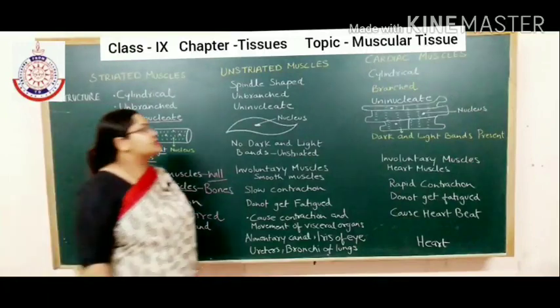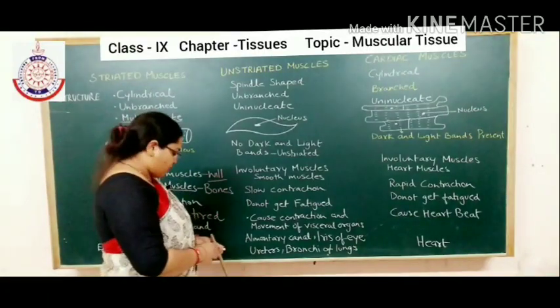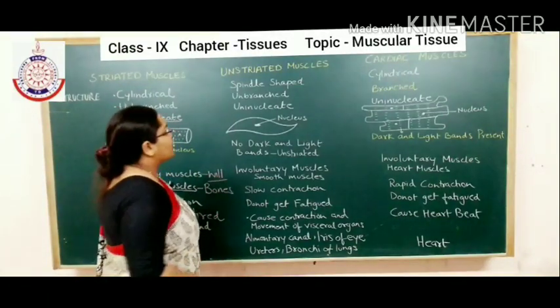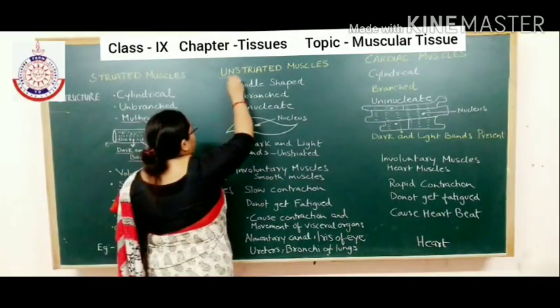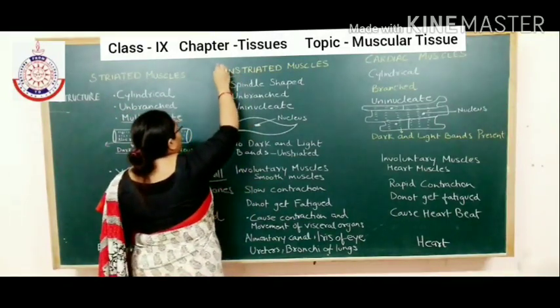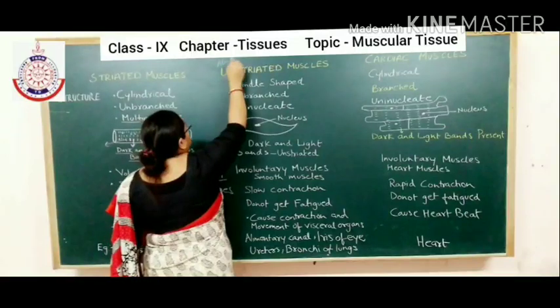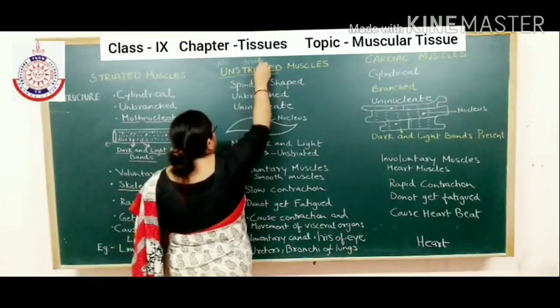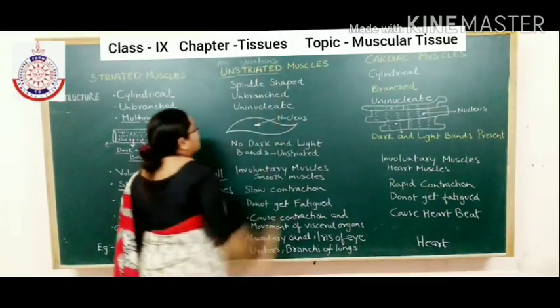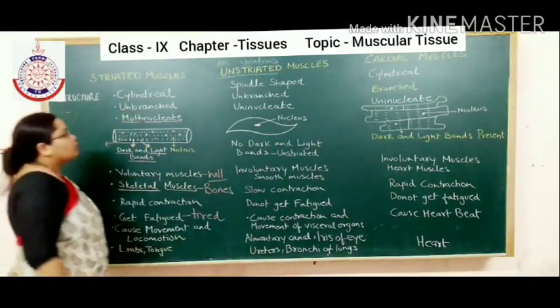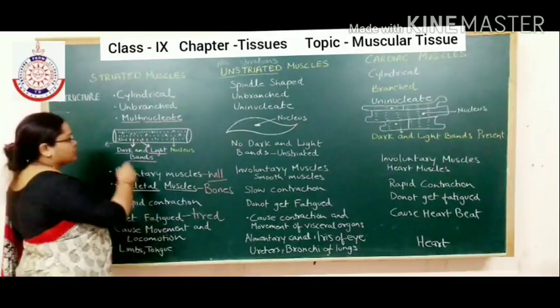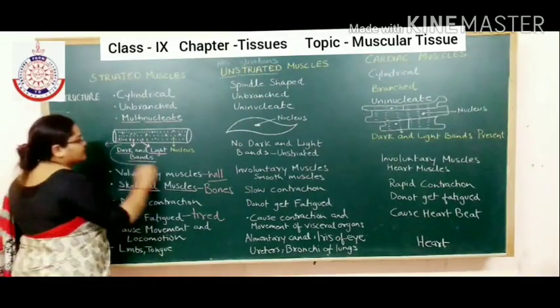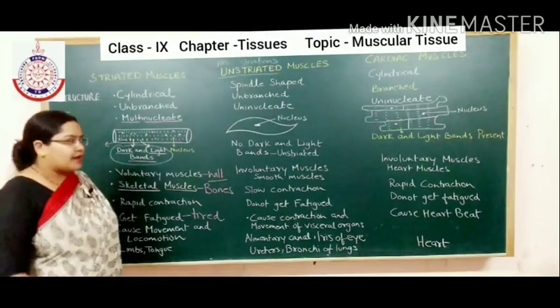Now let's discuss the structure of unstriated muscles. Unstriated means striations are absent. We have already done what striation is. How does striation occur in muscles? Due to the presence of dark and light bands.